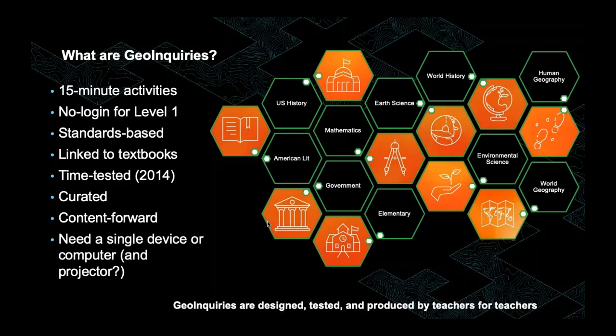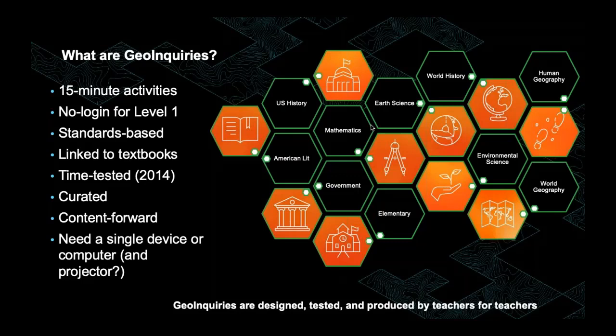So it's US history, American Lit, mathematics, government, an elementary education package, earth science. There's a world geography, world history, environmental science. You know, we really cover the gamut here, and of course I missed human geography. We cover the gamut here in social studies and science, particularly at the middle school and high school levels.